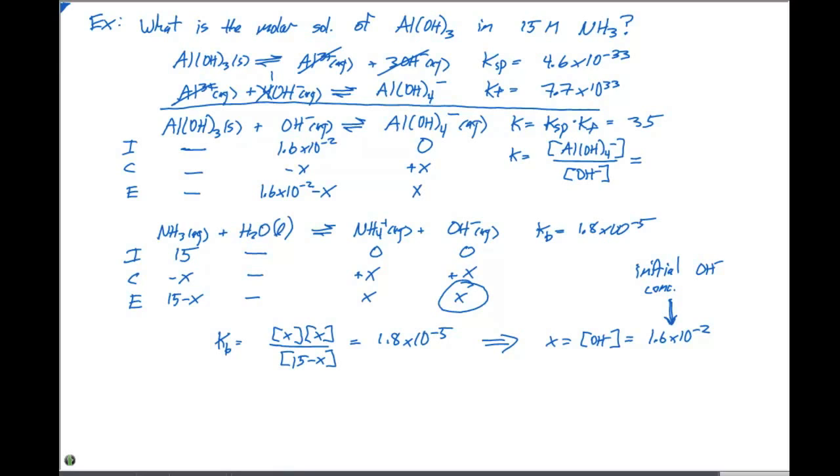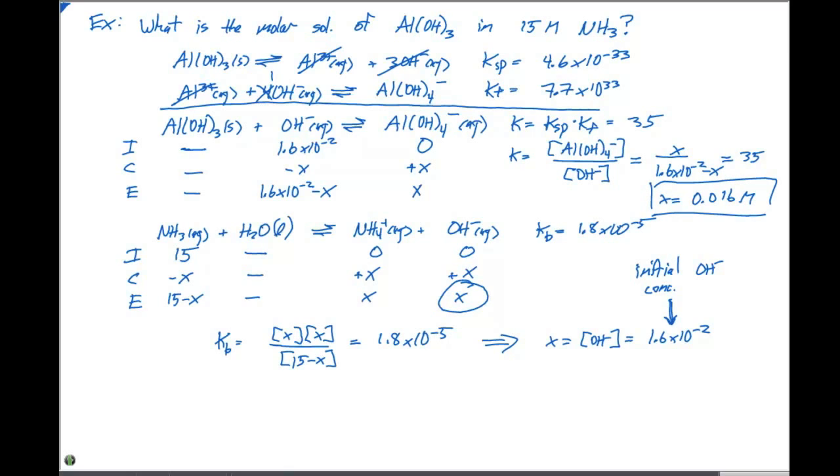So this is going to be x divided by 1.6 times 10 to the minus 2 minus x, and that is equal to 35. If we go through and solve for this, x is going to be equal to 0.016 molar.